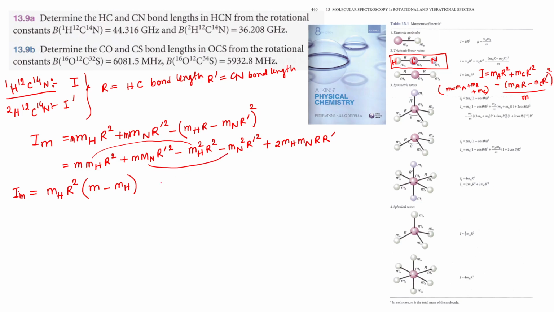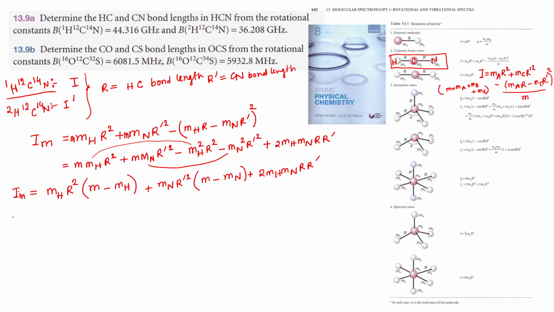From this and this, if we take common mN R dash square, then we are going to get M minus mN, and what remains is 2 mH mN R R dash.